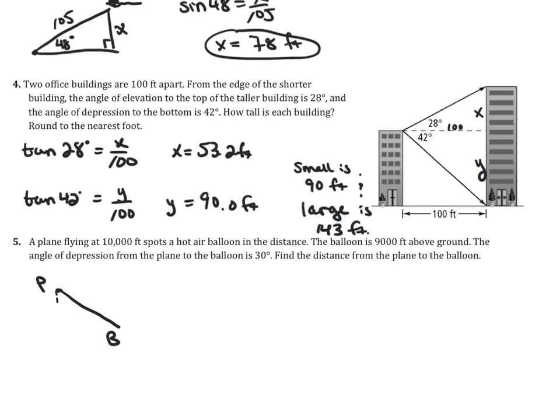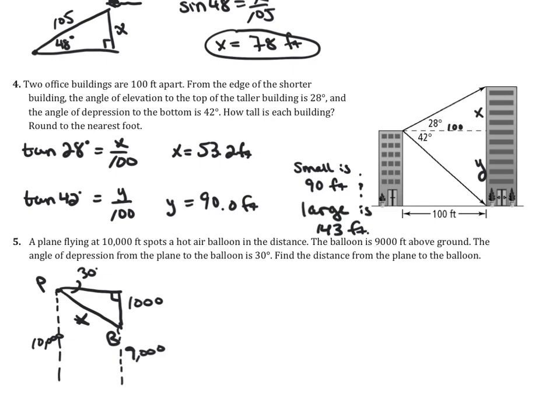So since the plane is 10,000 feet and the balloon is 9,000 feet, the plane is essentially 1,000 feet higher in the air, and the angle of depression is 30 degrees. We want to find the distance from the plane to the balloon, so that distance there.